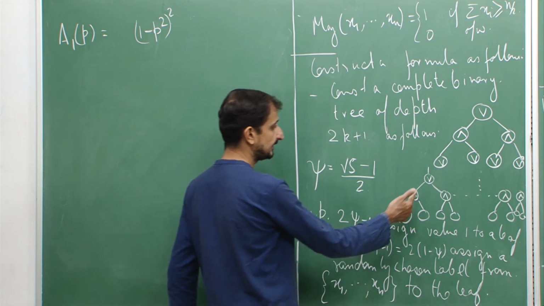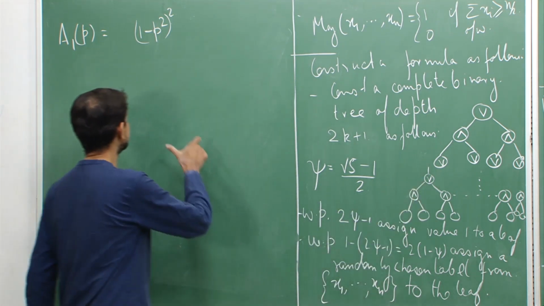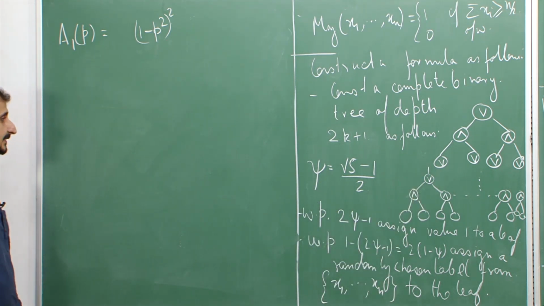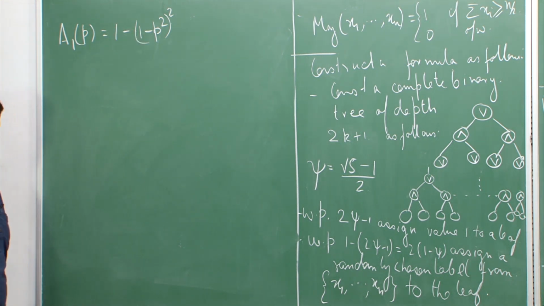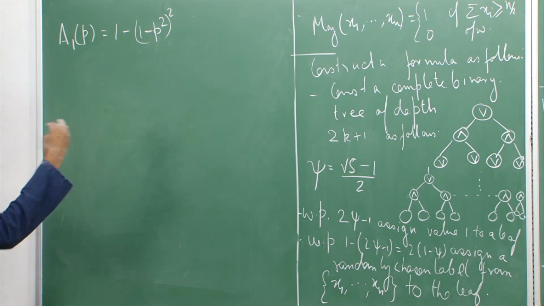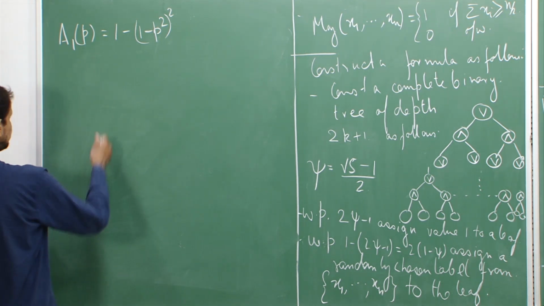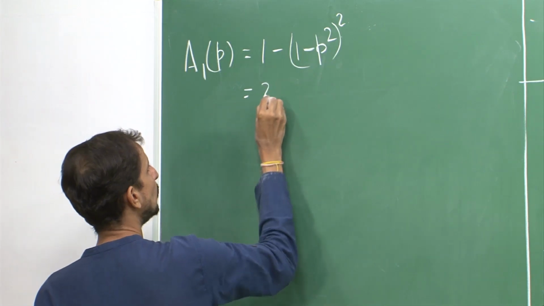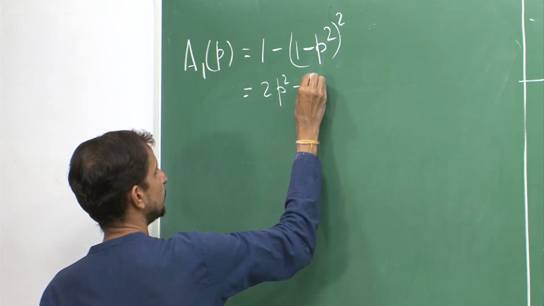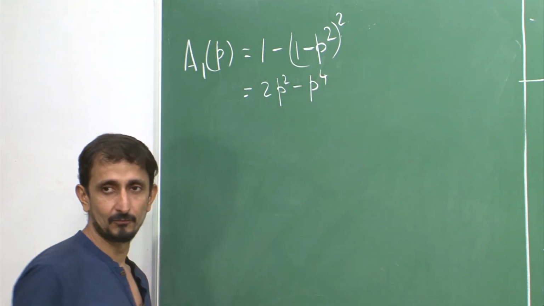And so, the probability that an OR gate outputs a 0 is equal to this. So, the probability that the OR gate outputs a 1 is 1 minus this quantity. This is essentially what A1 is, because this is the 2k levels. We can simplify this, and this turns out to be 2 p square minus p to the power 4.